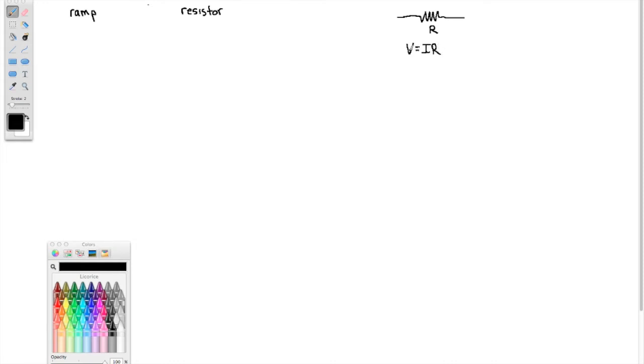That is to say, the voltage is equal to the current times the resistance. They're proportional. So if you have 0 current, then you have 0 voltage, and vice versa.